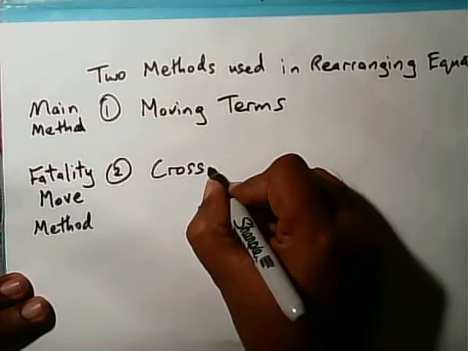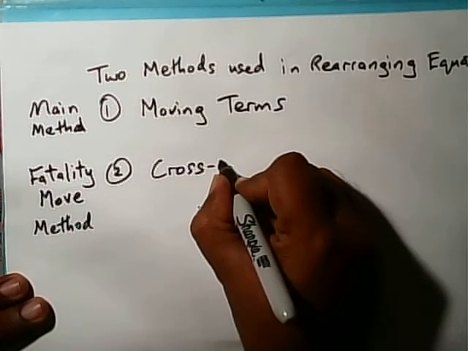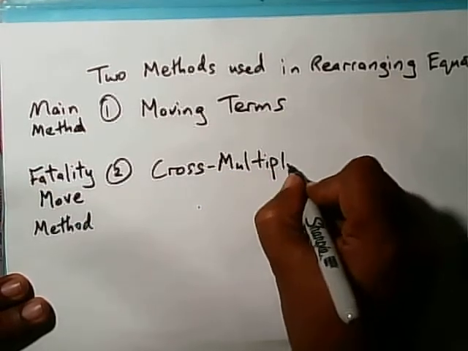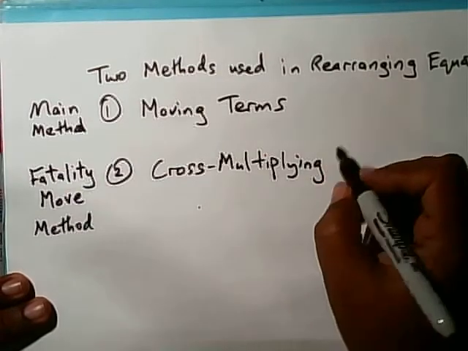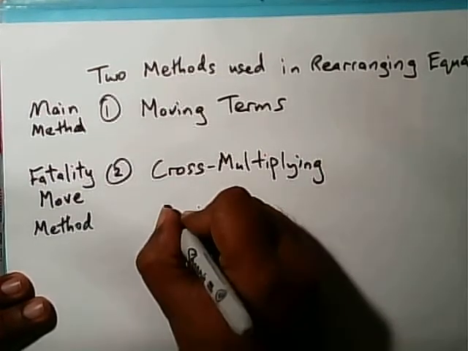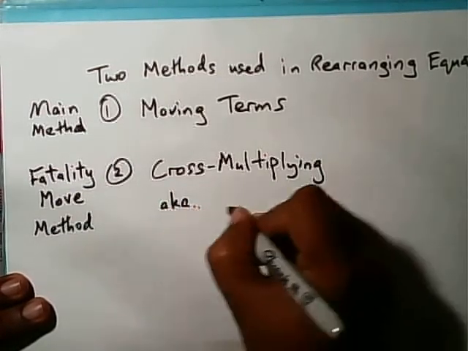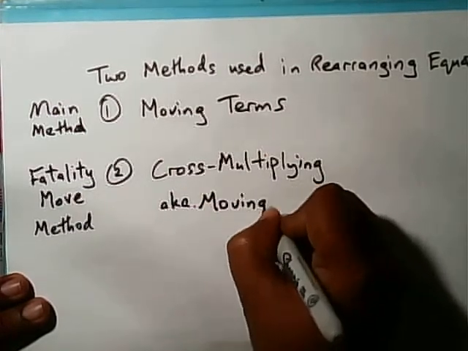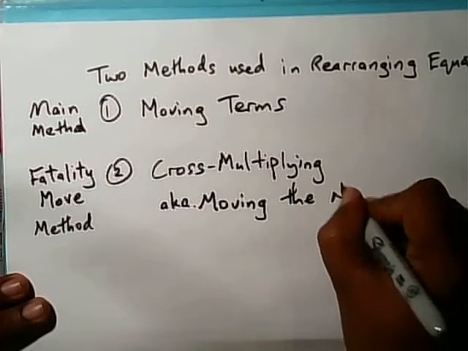Cross multiplying, or as I call it, moving the Navin.